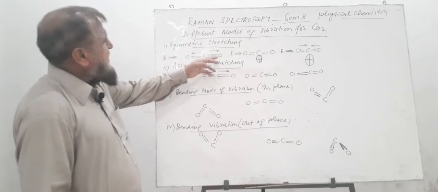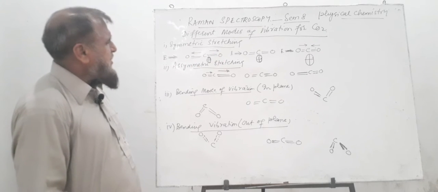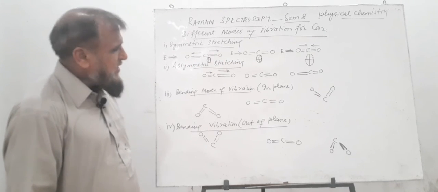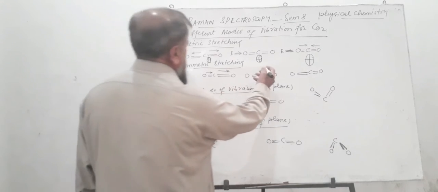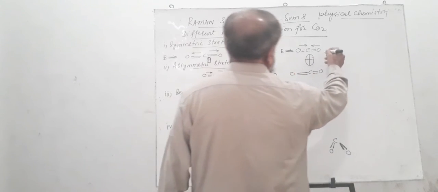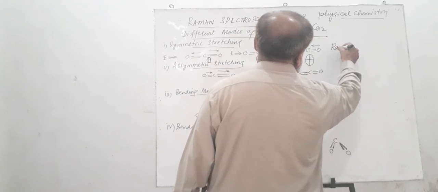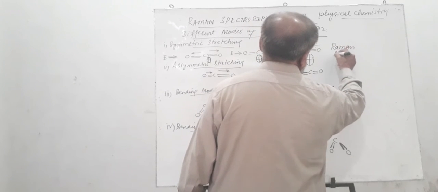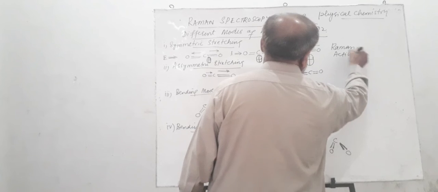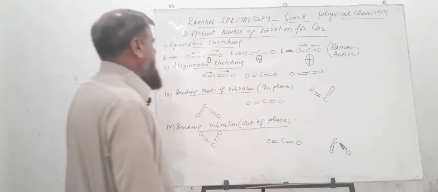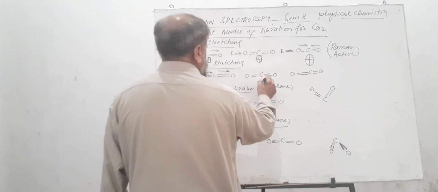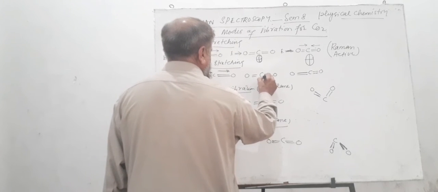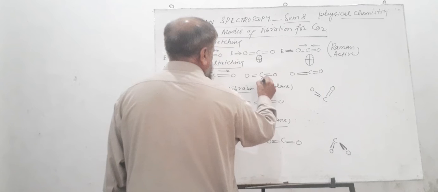It is clear that during this symmetric stretching, the magnitude of polarizability changes, which is shown by changing size of the polarizability ellipsoid. Hence, this vibration will be Raman active. Raman active vibration.